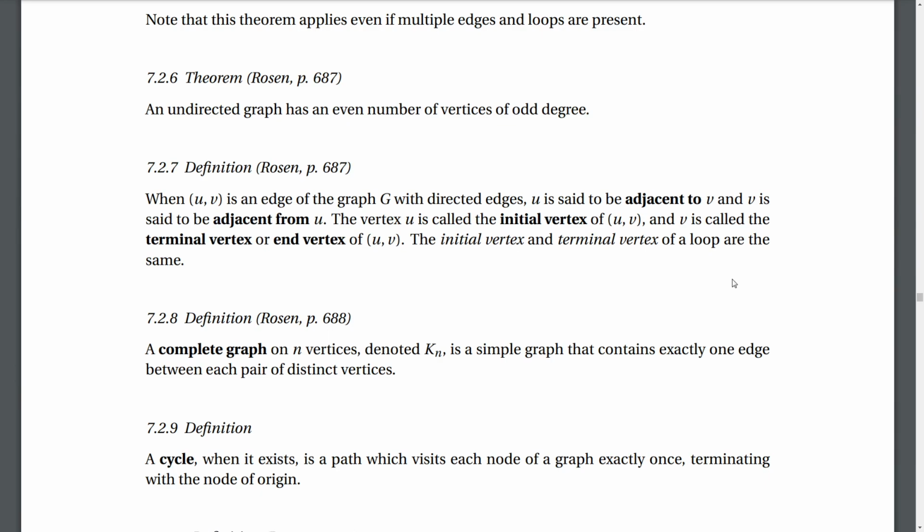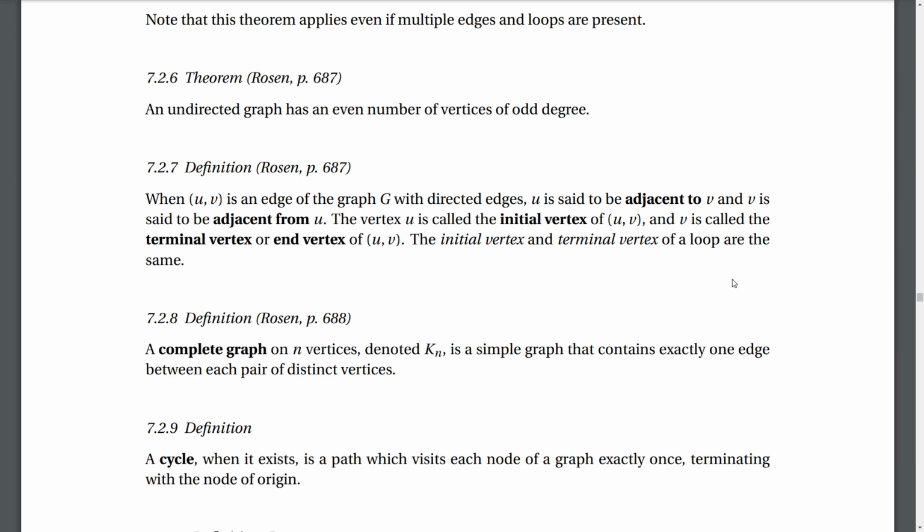An undirected graph has an even number of vertices of odd degree. Okay. So what are we saying here? Imagine a graph with just two vertices and one edge. The edge connects vertex A to vertex B, and so you have two vertices, each of degree 1.